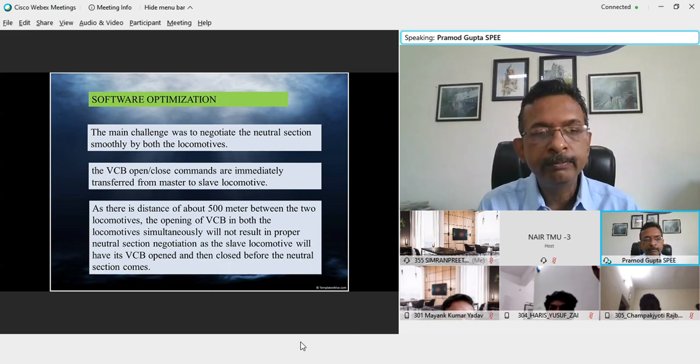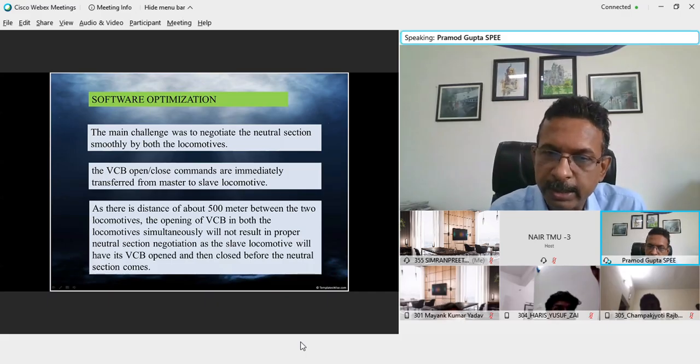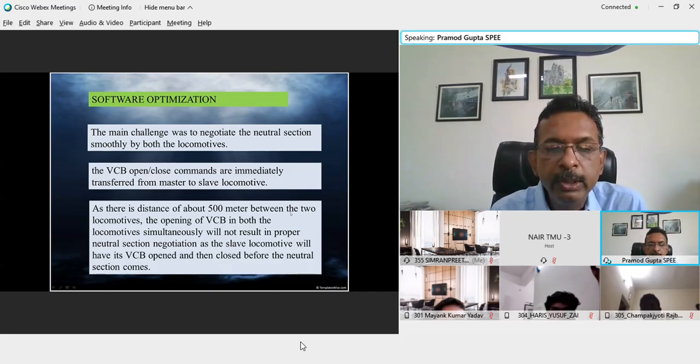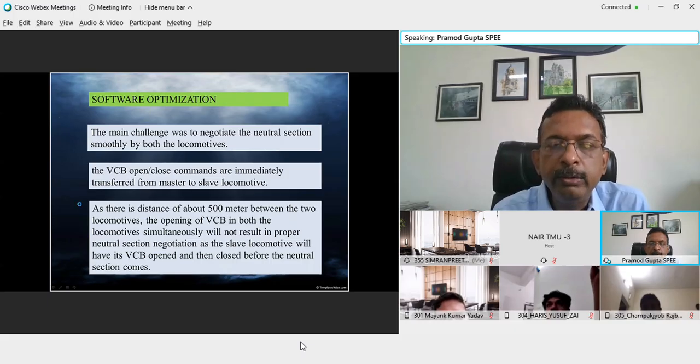We send the command immediately. The command goes immediately from the master locomotive to the slave locomotive. There is a distance of 500 meters in between, and it should not act immediately.